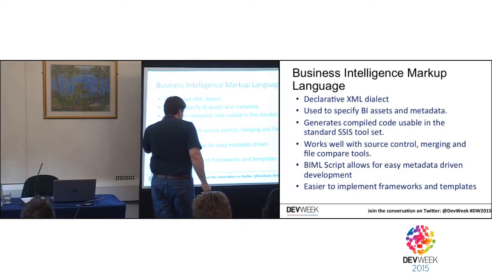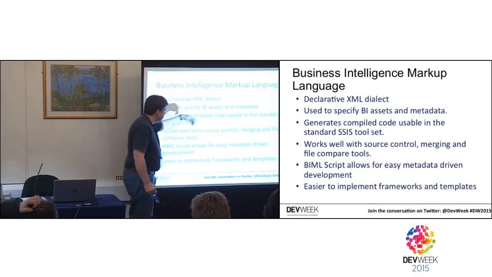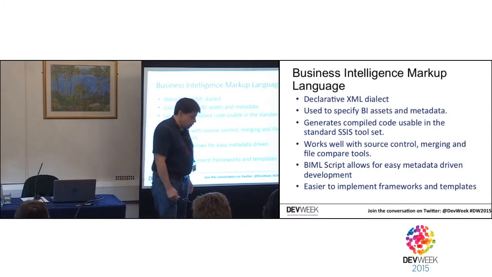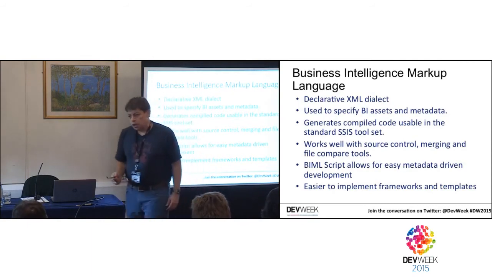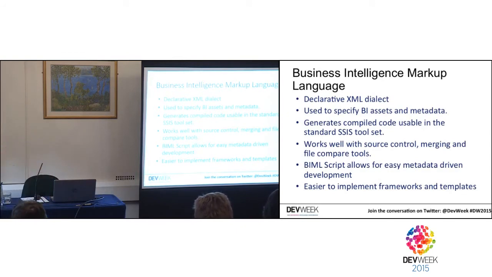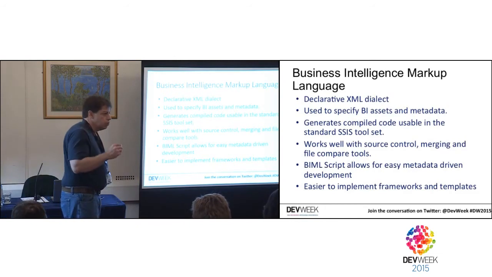So we can use this to specify the BI assets that we're using and the metadata. And what happens is it actually generates compiled code, and it's usable in the standard SSIS toolset. So when I make a change and say, instead of going to the customer table, go to the products table, I don't have to update the metadata, because what happens?